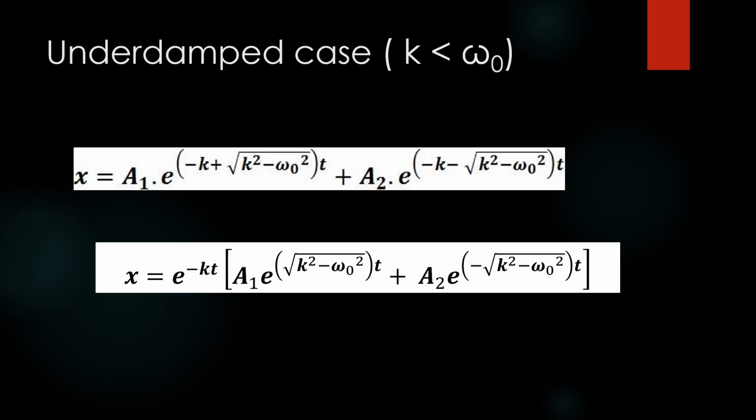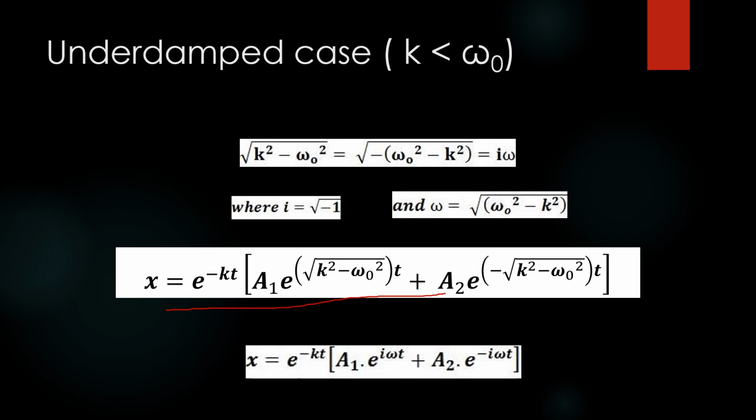In order to discuss the underdamped case, we wrote the solution of damped harmonic oscillations, then took e raised to minus kt as the common factor outside and wrote the equation like this.